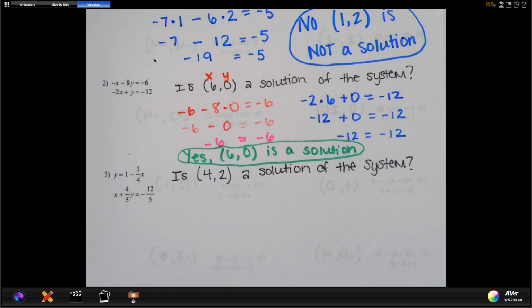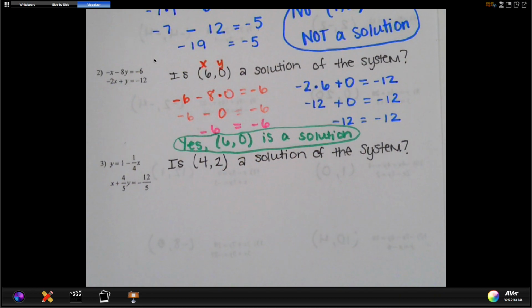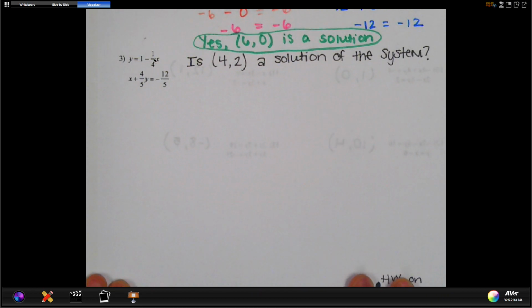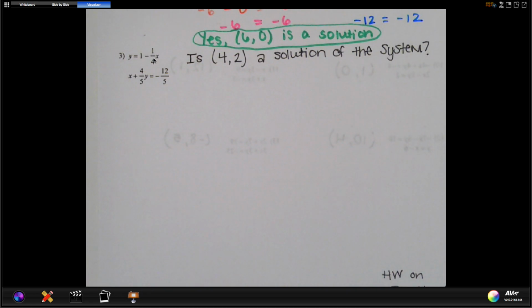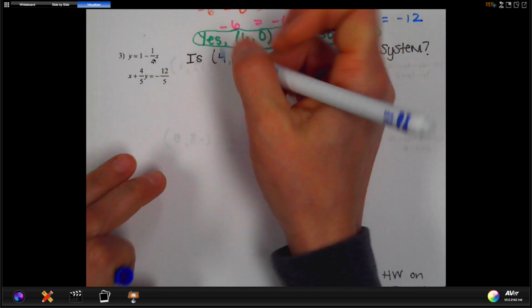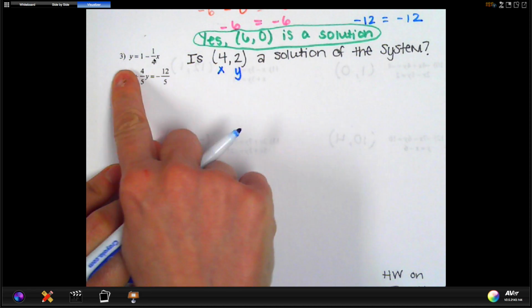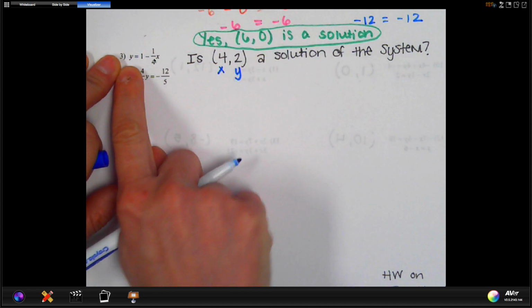Okay, one last one, just to make sure we've got this. This one says, is (4, 2) a solution to the system at the left? Let's do this one more time. So 4 is our x value, y is a 2. Let's substitute. This one looks a little bit different. It starts with y.